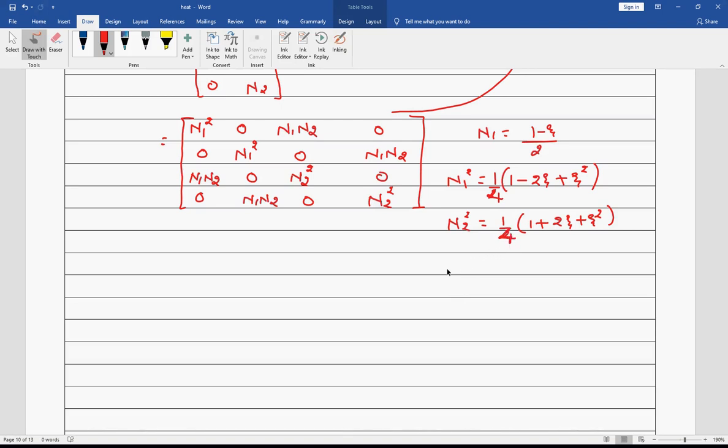Now N1 N2 will be equal to 1/4 of (1 minus xi square). Now I can go for the integration. Let me know whether this is correct or not, first of all.